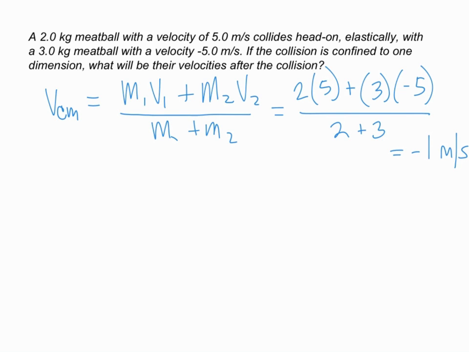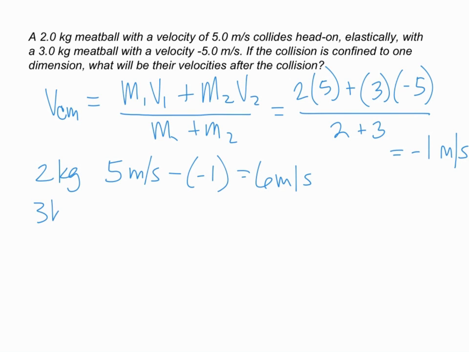So let's take a look at the 2 kilogram meatball. Its speed coming in was 5 meters per second in the lab frame, but in the center of mass frame, where we're moving backwards, if we take this 5 and subtract the center of mass speed, this is how fast that meatball would appear to be traveling, because it's going to the right and my center of mass frame is going to the left.